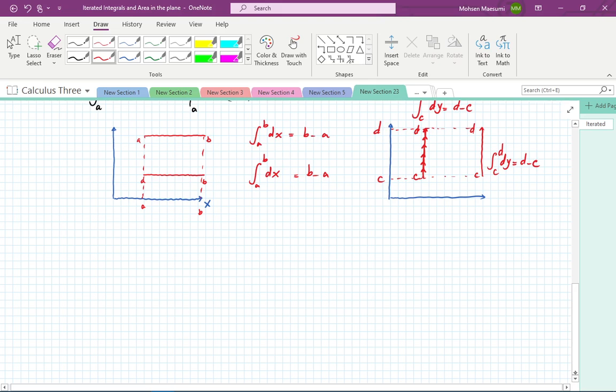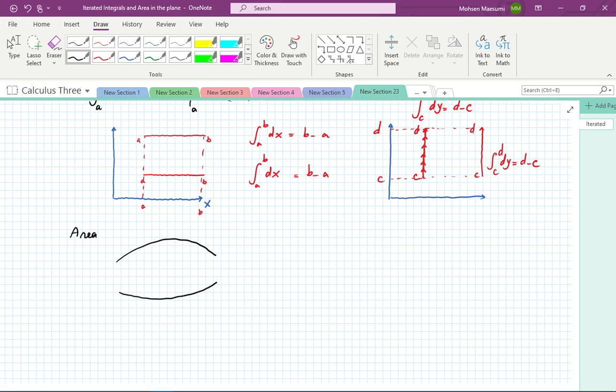Now we come to the concept of area. So let's see what we mean by area. Suppose I go after this simple shape. At the beginning we are going to start with very simple graphs, and later on we are going to have more complicated ones. This type of simple picture is referred to as vertically simple in your textbook.